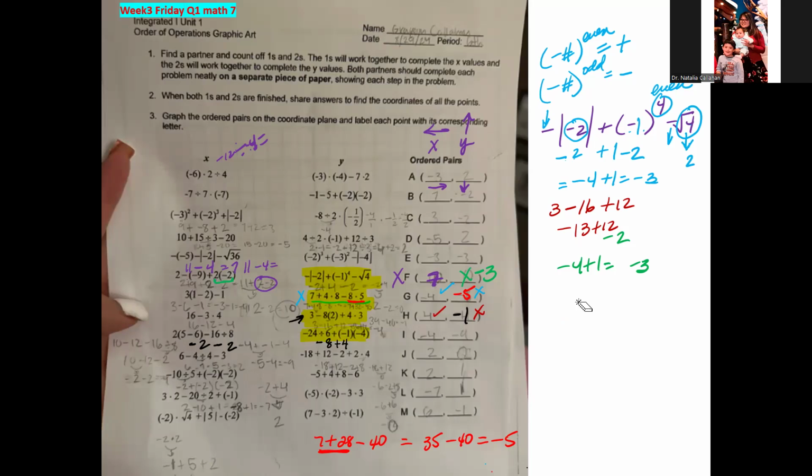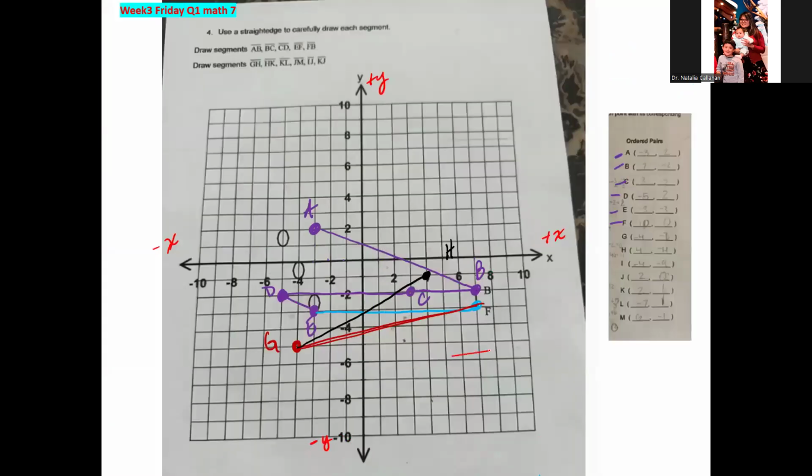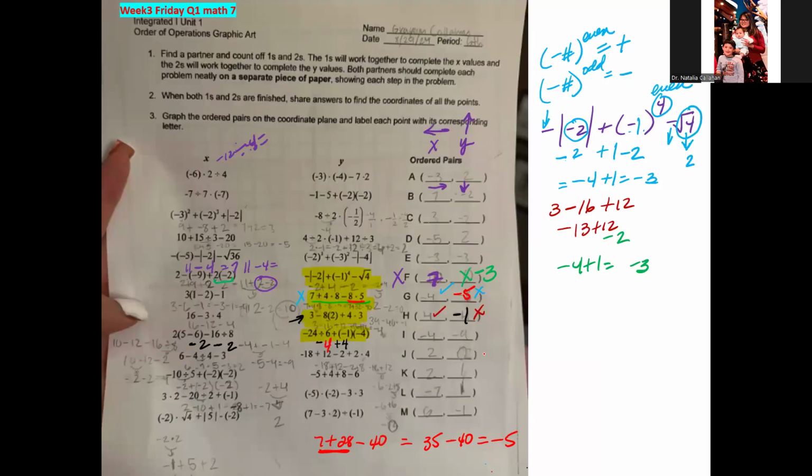Negative 24 divided by 6. What's negative 24 divided by 6? I think I messed up. Yeah, it is 0. So negative 4, 0 for I.